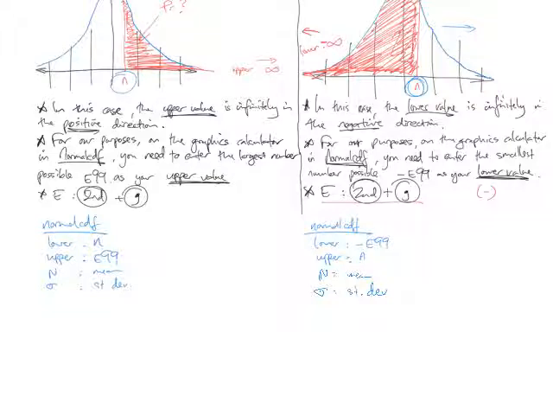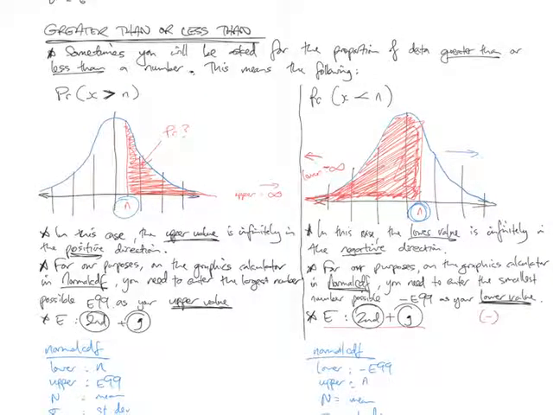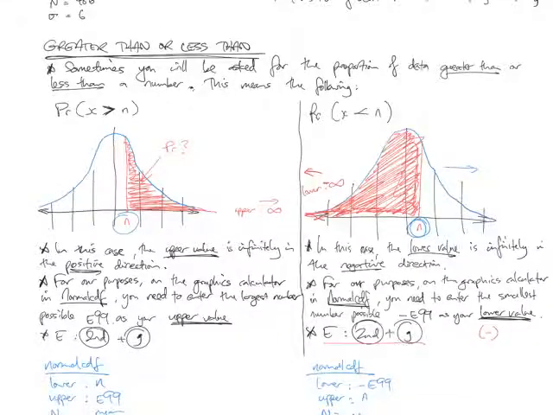This is a little more complicated stuff. It requires you to think about what you're actually being asked in the question and then plug it into the calculator. So keep in mind the idea of these normal distributions. If you're told the data is normally distributed, the data is going to form a shape like that. And if it's asking for the probability or the proportion, it's asking you how many percent of the data lies between two numbers or above a number or below a number, that sort of thing.